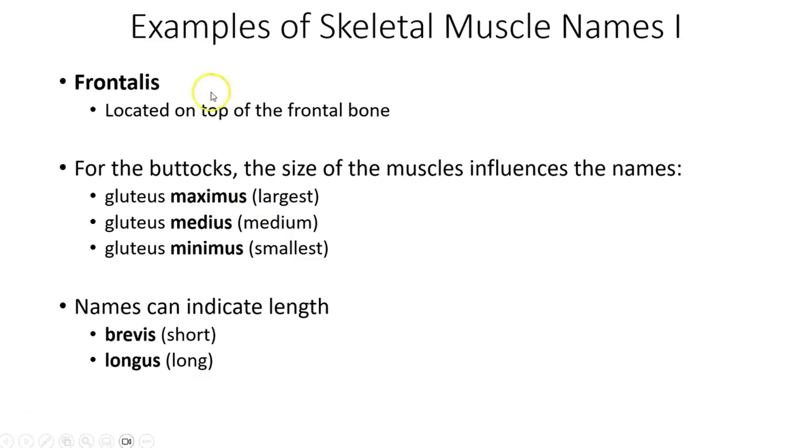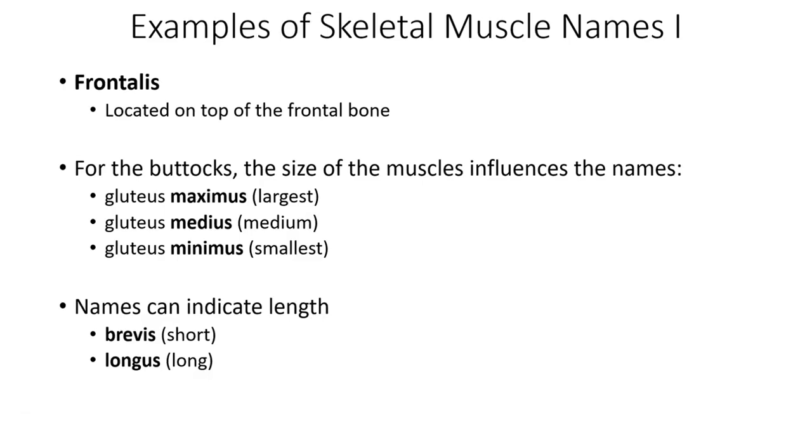One example is the frontalis muscle. This is a muscle located on top of the frontal bone that we just learned last week with the bones of the skull. For the buttocks, the size of the muscle influences the names. The gluteus maximus is the largest of those muscles, the gluteus medius is the medium-sized one, and the gluteus minimus is the smallest of those three.